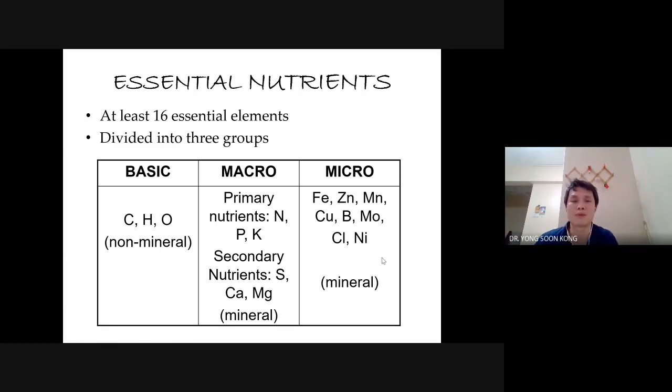Just have a look, but don't mess up, really. I don't expect you to memorize all these nutrients, but at least you should know what NPK is. NPK is part of the macronutrients. The rest of it, common sense. You don't see lead, you don't see mercury, you don't see cadmium. The rest of it, almost everybody is here. So small amounts, they are micronutrients. And let's not forget calcium and magnesium as well.